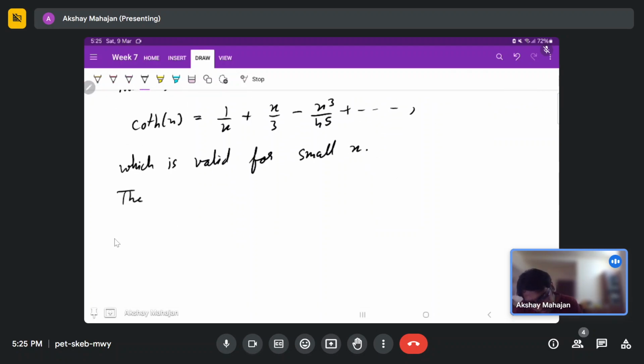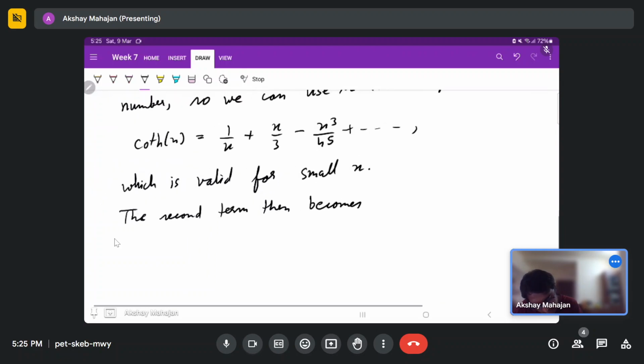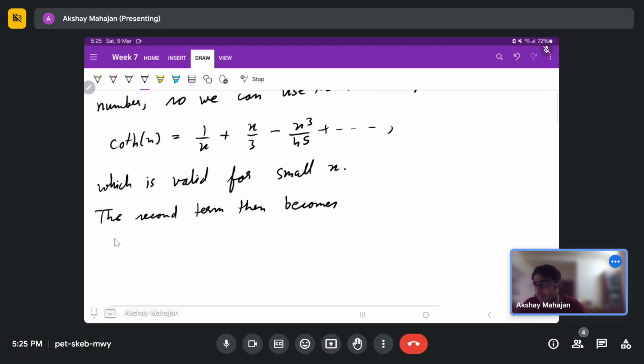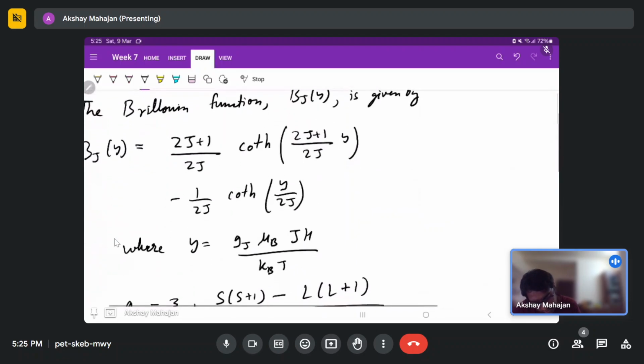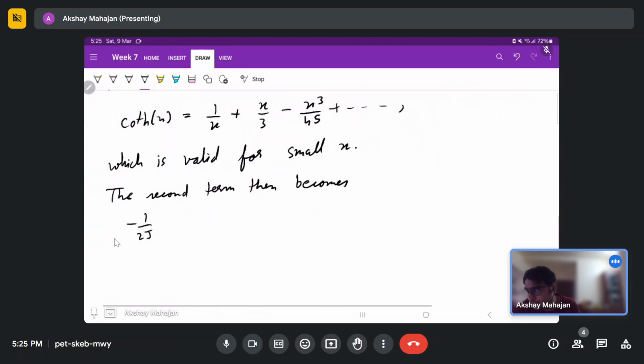The second term then becomes minus 1 by 2j coth of y upon 2j.